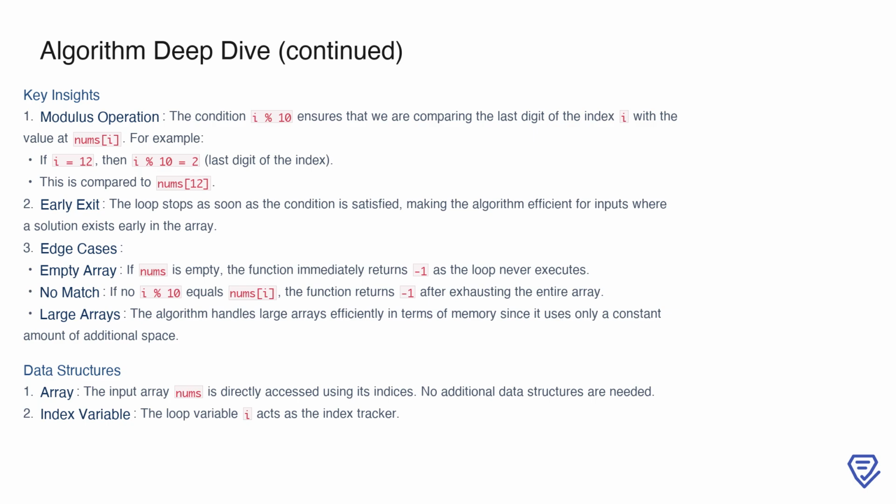There are also important edge cases to consider. If the array is empty, the function will return -1 as the loop never runs. Similarly, if no index satisfies the condition, the algorithm will traverse the entire array before returning -1. For large arrays, the memory usage remains efficient, as the algorithm uses only a single loop variable and does not require any additional data structures.